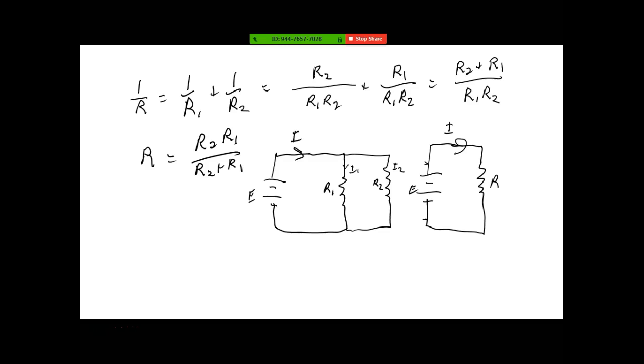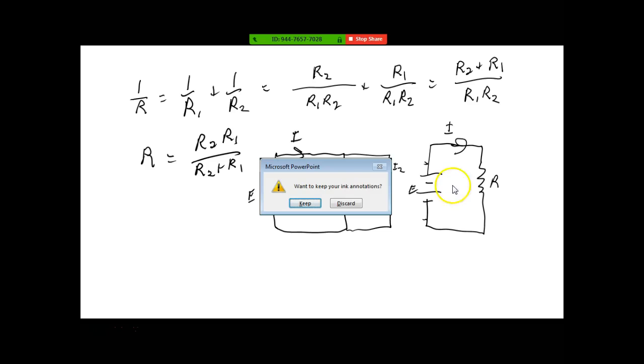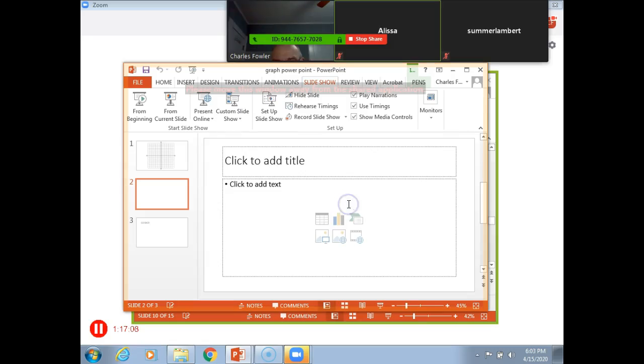More current, less resistance. I don't think that figure shows it that well, but that's what they were trying to get to. But it's true, and we'll do it with numbers in a little bit. So let's go back to our pump analogy, which was over here.